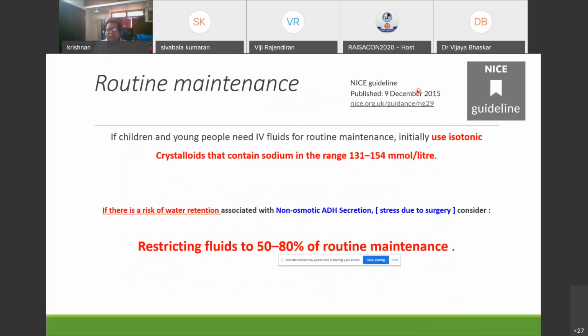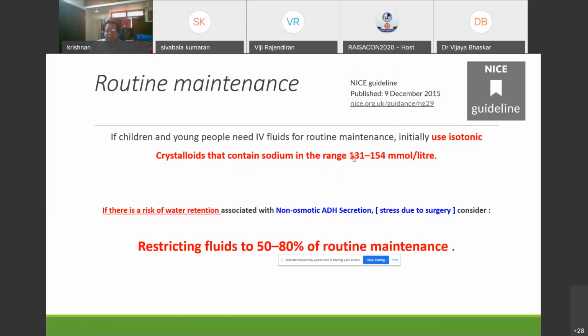In 2015, the NICE guidelines gave a very clear recommendation for giving maintenance fluid. If children or young people need IV fluids for routine maintenance, use isotonic crystalloid solution which contains sodium 131 to 154. So they very clearly said don't give isolyte P or dextrose with 0.2% normal saline for maintenance.